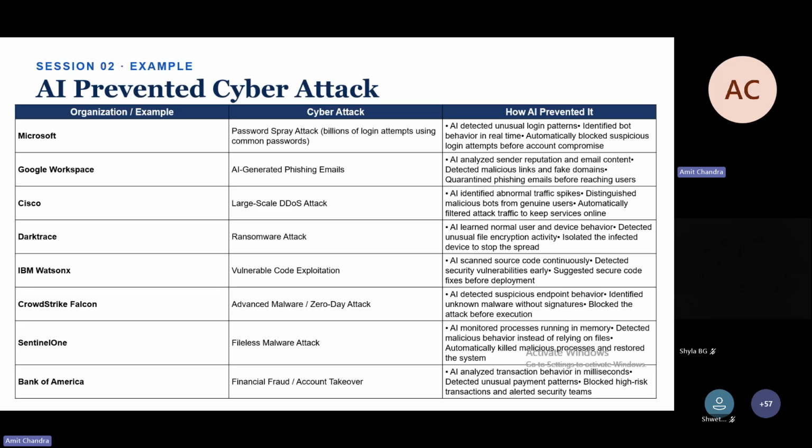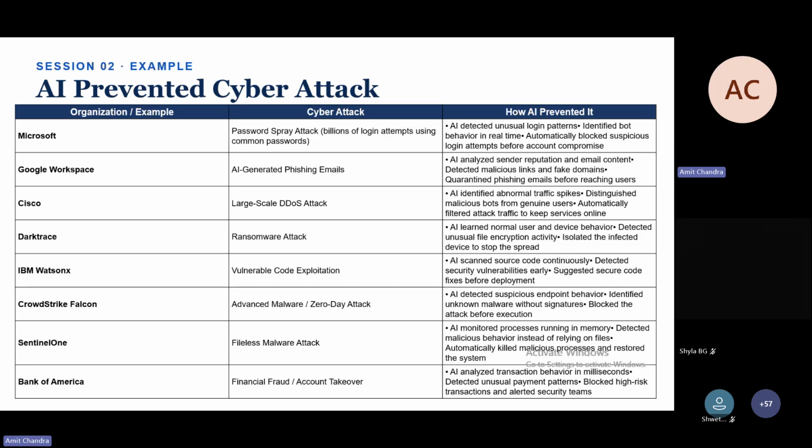Because on a day-to-day basis the developer writes code, but we don't know how secure it is. So AI can detect all those kinds of code issues and say where the security vulnerability is and how you can secure your code before it goes to production. So it's a kind of security audit of your code with the help of AI.